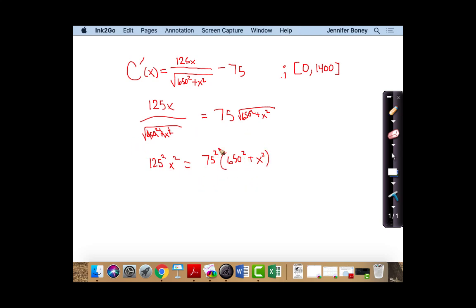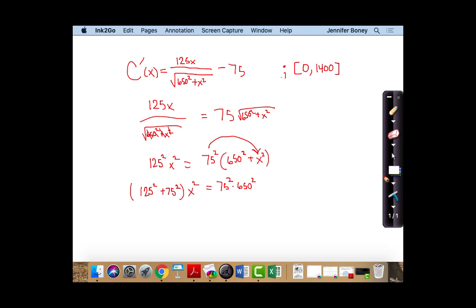So although there are huge coefficients, 75 squared and 125 squared, whatever on earth those are together, let's see if I can write this: 125 squared and 75 squared are the coefficients on x squared. And this other side would be 75 squared times 650 squared. I get to divide and take a square root. So guess what?